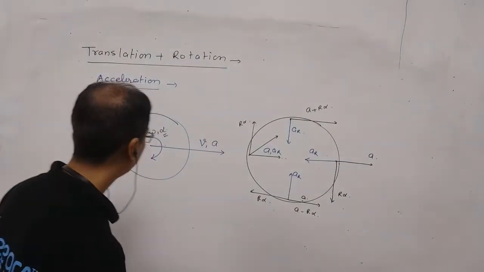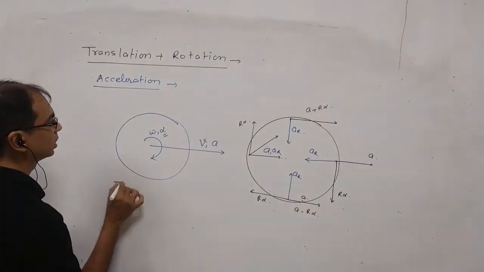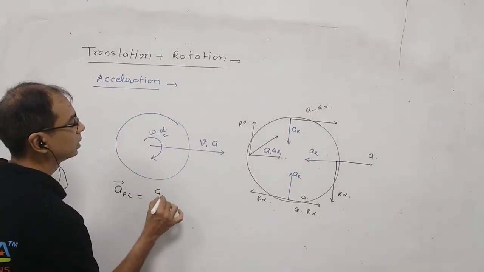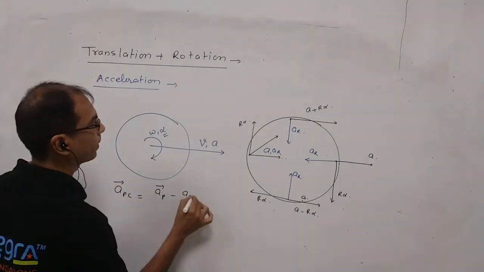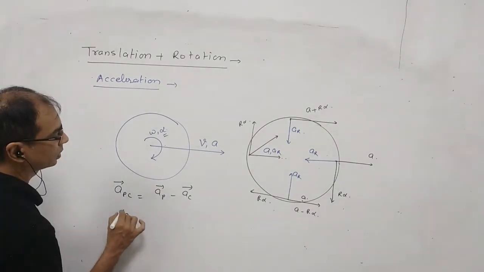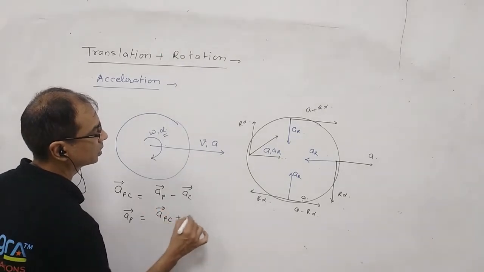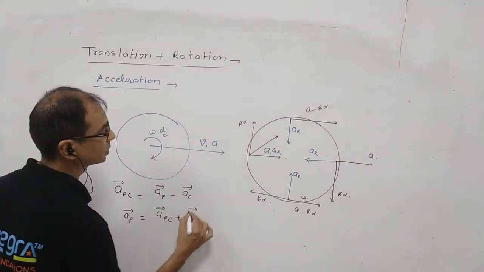So if I have to write the acceleration of any particle with respect to the center of mass, it is basically AP minus AC. The acceleration of any particle is equal to the acceleration of the particle with respect to the center of mass plus the acceleration of the center of mass.